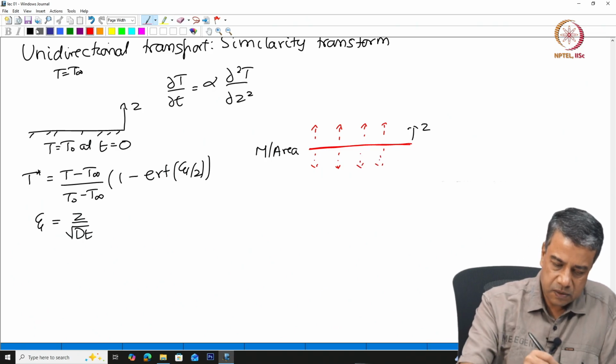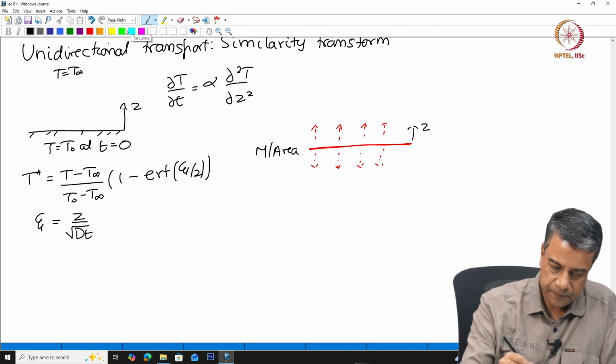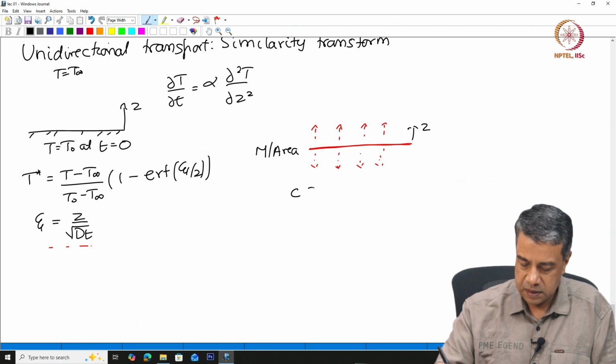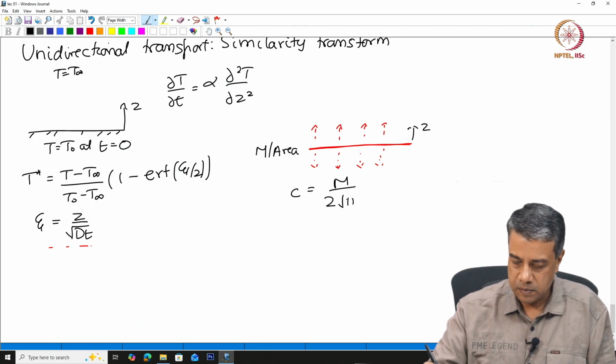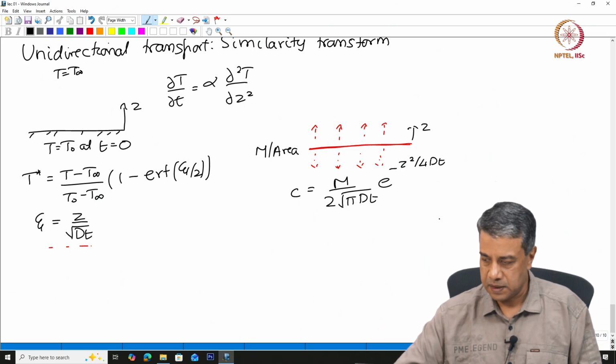And for that also we had got a similarity solution in terms of the same similarity parameter, as C is equal to m by 2 root pi Dt e power minus z square by 4 Dt. That was the second solution that we had.